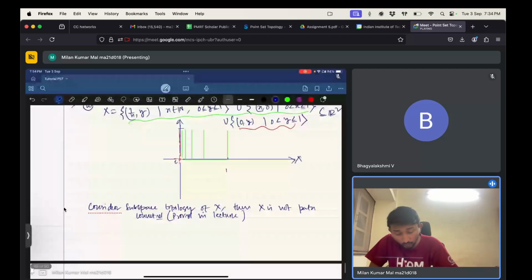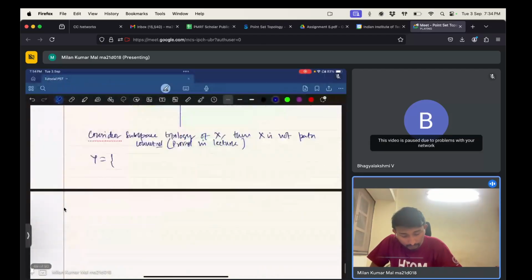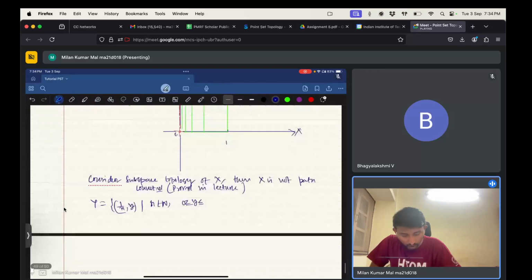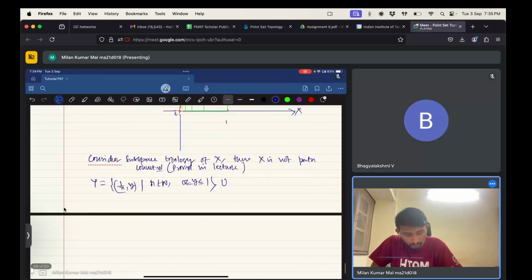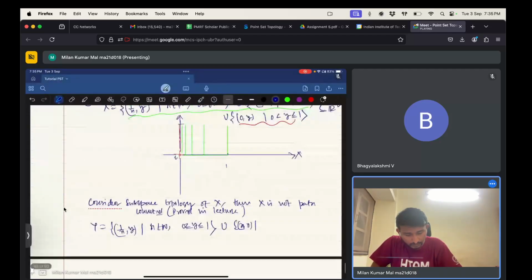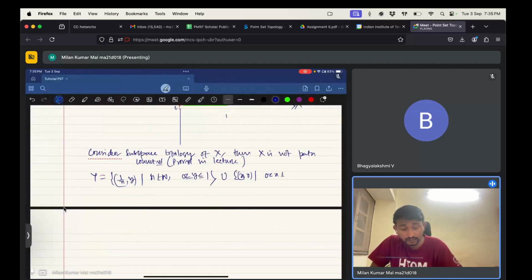But now, if I take Y equal to the first set only, this blue portion, that is {(1/n, y) : n belongs to natural numbers and 0 < y <= 1}, union all those (x, 0) such that 0 < x <= 1.